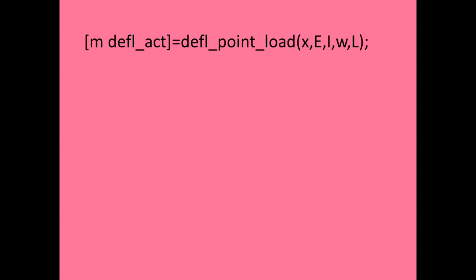So when these 5 parameters are passed to this function, it computes 2 things which are being stored in M and DEFL underscore ACT.